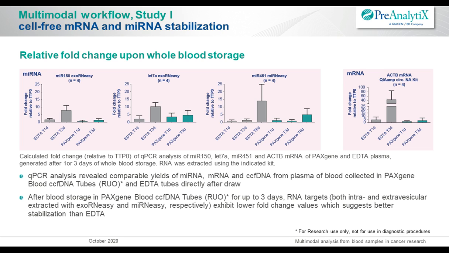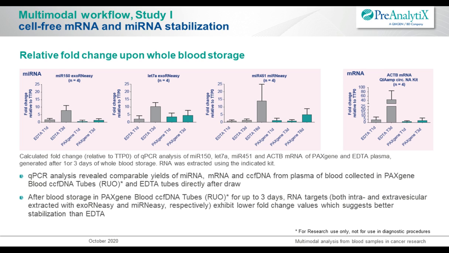So in the first part of this study, we looked into a short time course experiment. We wanted to know how well we could stabilize the RNA in the plasma with our PAXgene ccfDNA tube compared to EDTA. And what you see in these graphs is on the left 3 microRNA assays where we isolated microRNAs.